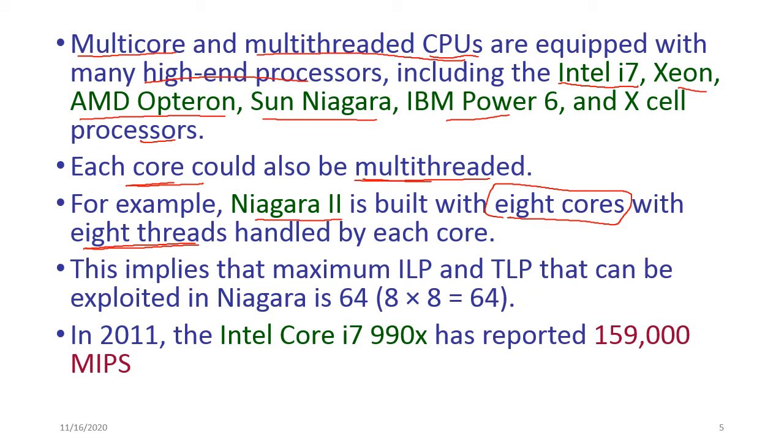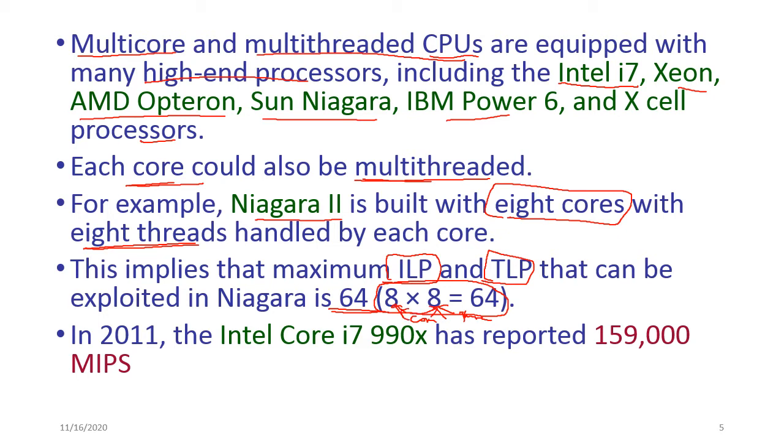This implies maximum ILP, instruction level parallelism, and TLP, task level parallelism, that can be exploited in Niagara is 64. That is, 64 threads can be executed simultaneously in this processor, because there are 8 cores and each core handles 8 threads.